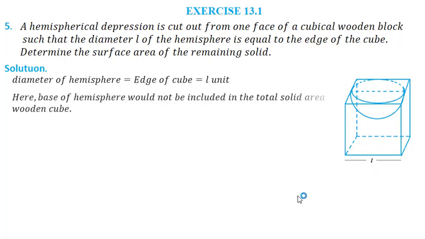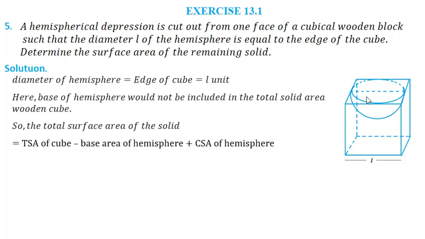Now here also you can see that this top circular part is not included in the total surface area. So I will say that the total surface area of the solid is equal to the total surface area of the cube minus the base area of the hemisphere plus the curved surface area of the hemisphere. In this case the curved surface area will be this inner curved surface area, right?